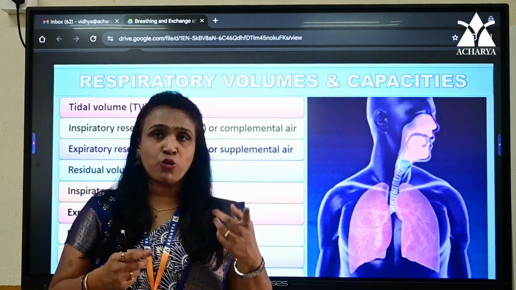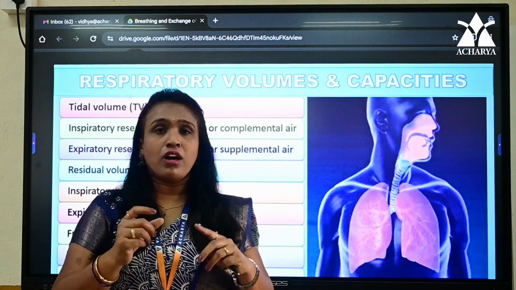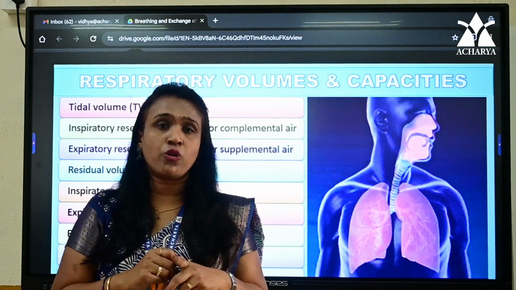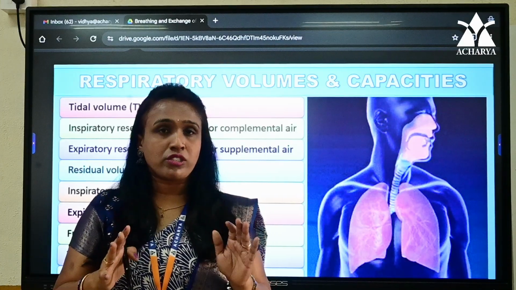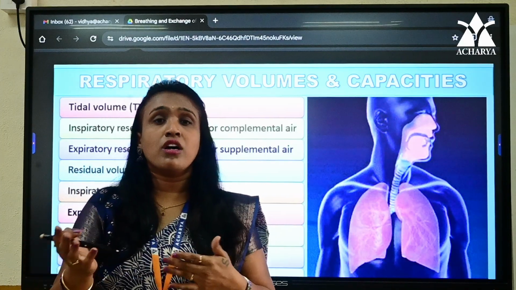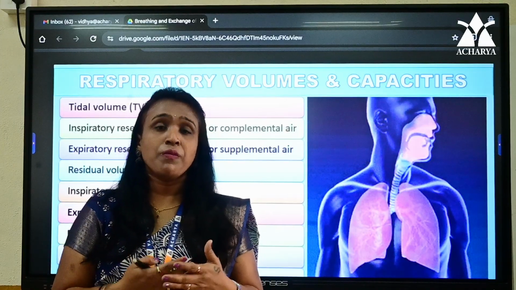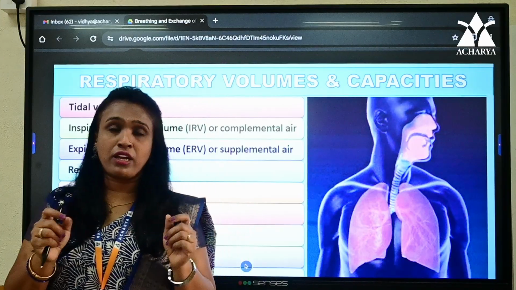You might have seen during COVID time, doctors used to ask us to keep one small machine called an oxygen saturation machine. If it shows above 90%, then your blood is having enough oxygen. If it decreases to below 60 or 50, then you are under oxygen deficiency. So that's a very important criterion.